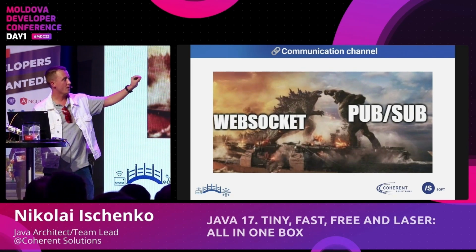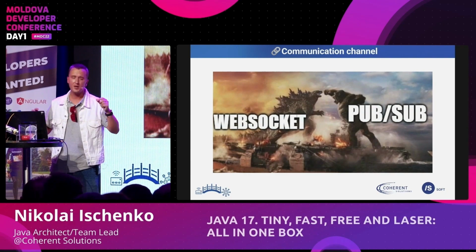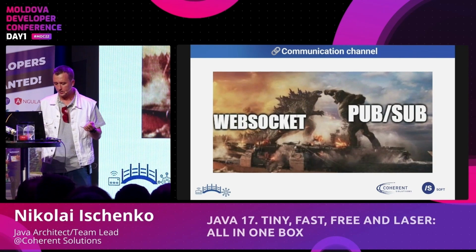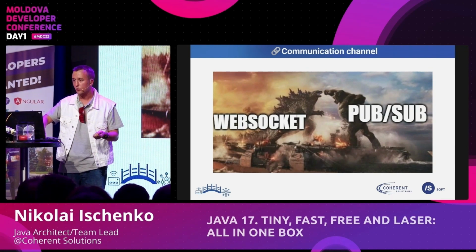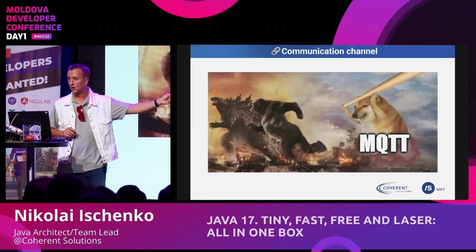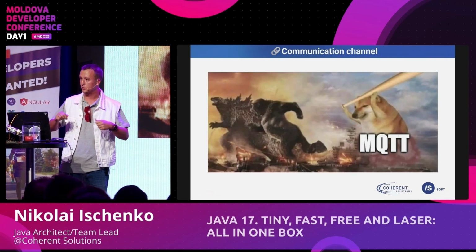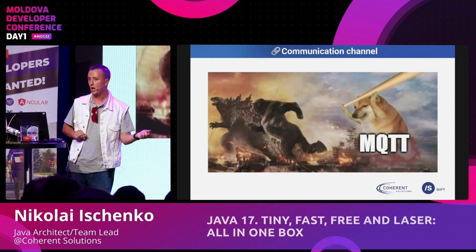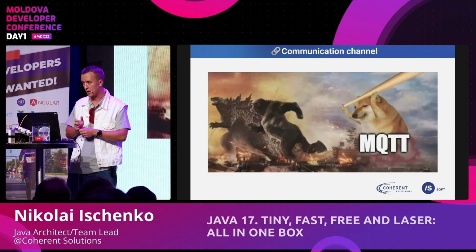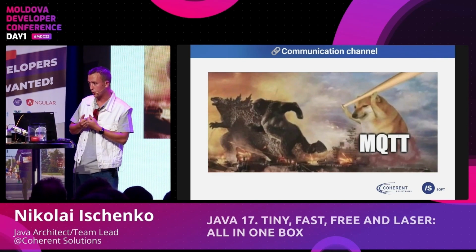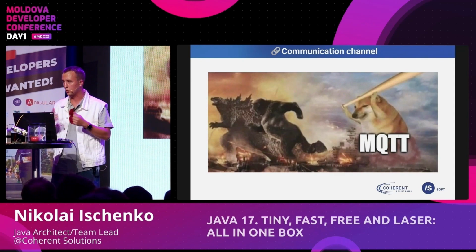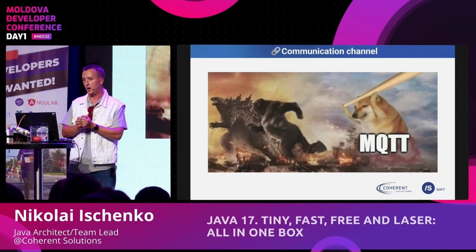After that, I was trying to compare this WebSocket with the PubSub scheme, and in the end I was surprised that finally we can use MQTT, because MQTT has both of these approaches under the hood. MQTT uses a publisher-subscriber connection, but in case of, for example, your browser, you don't have any special PubSub libraries because you want to use only your JavaScript and so on.